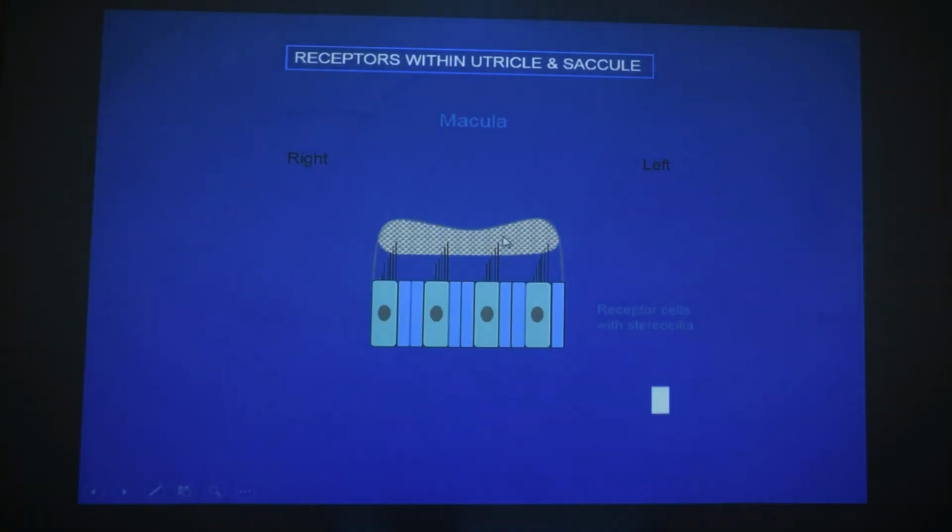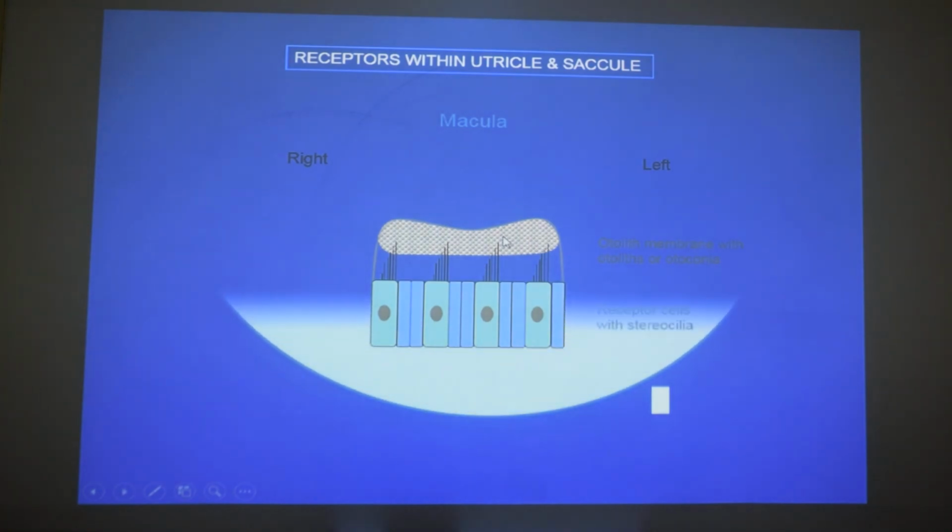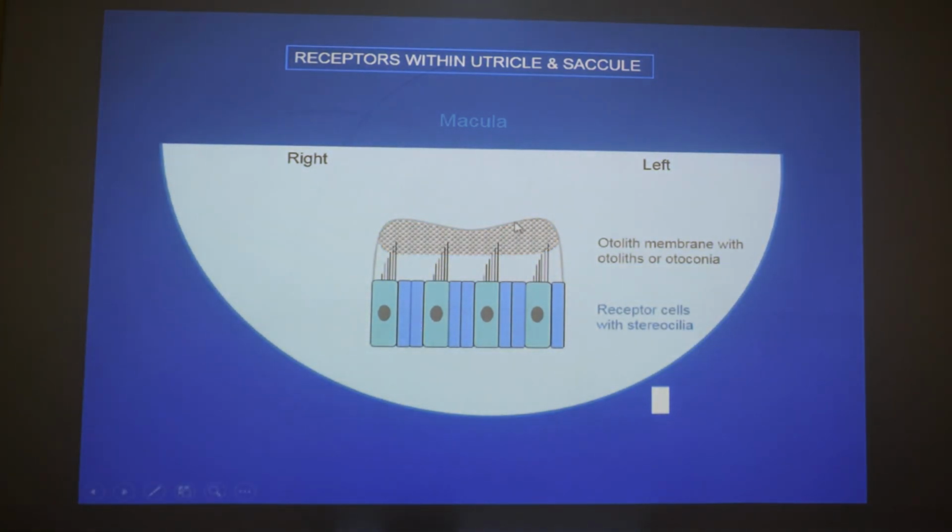Over the stereocilia you have the otolith membrane. There are otoliths, or small calcium-based crystals, lying over the top of the stereocilia. When you move right or left, the endolymph is going to move.